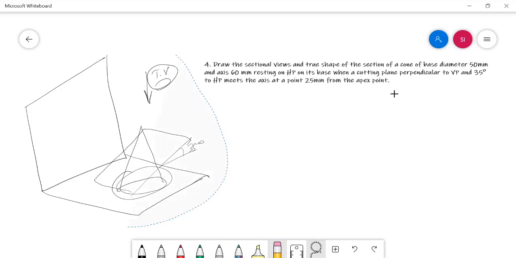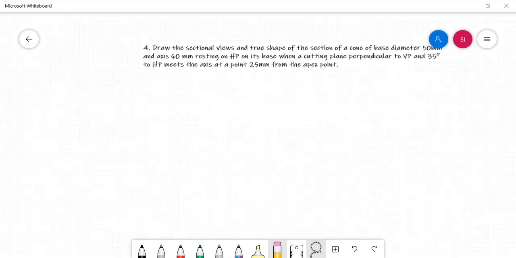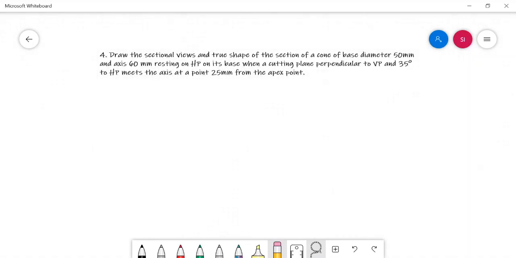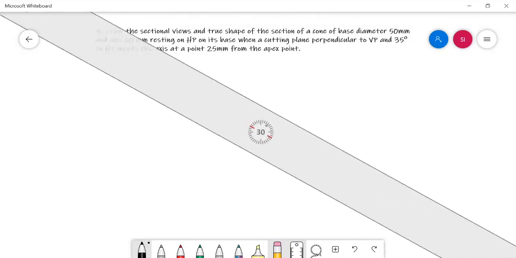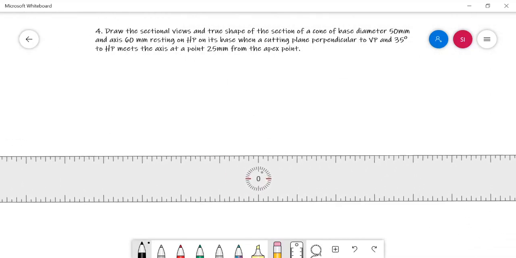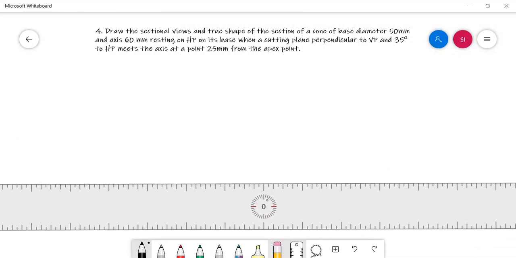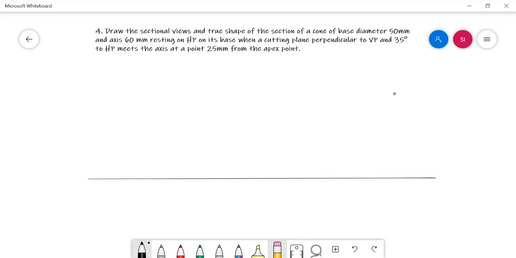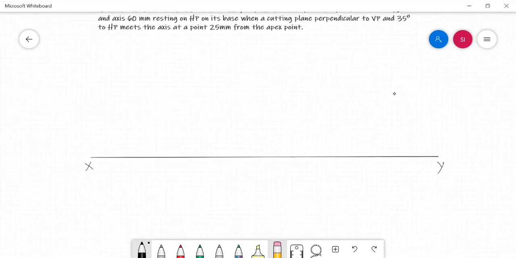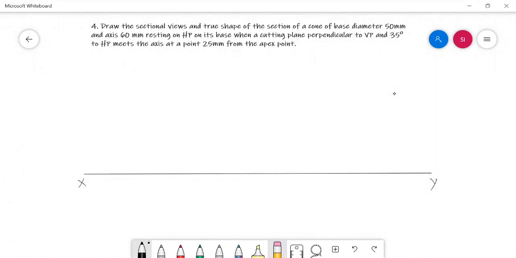Let me draw the answer, starting from the base view of the solid. Yes. Here the base view is a circle of diameter 50 mm.